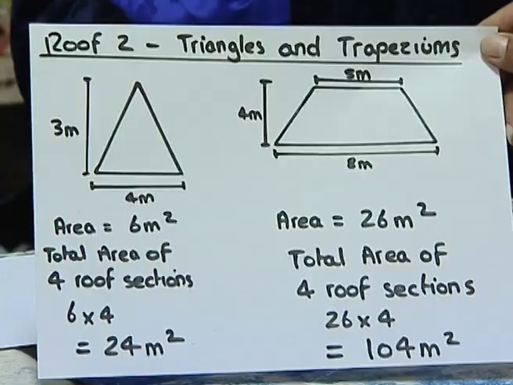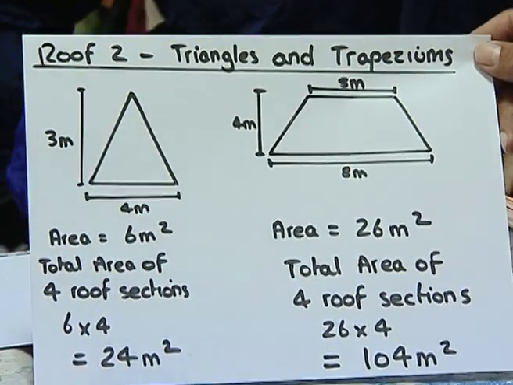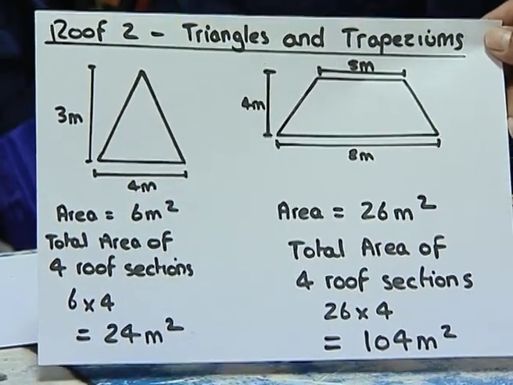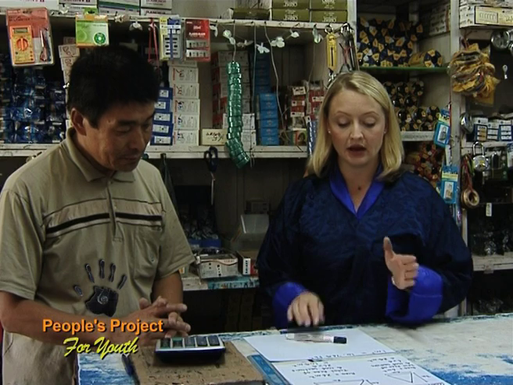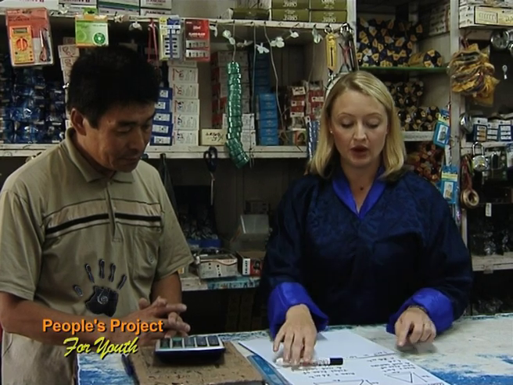The area for the triangle was 6 meters squared, and because there were 4 of them making up the top portion of the roof, we multiplied by 4 to get 24 meters squared. The trapezium made up the bottom portion of the roof. It had an area of 26 meters squared, and because there were 4 sections, we multiplied by 4 to get 104 meters squared.